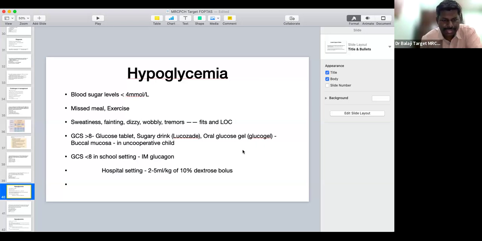If the GCS is less than 8, then the child will not be in a position to take it orally. So then you have to give IV. Ideal will be IV, but for that the child should be in the hospital. So then, as you said, 2 ml per kg of 10% dextrose can be given. If you are not in the hospital setting, in the school setting, and the child is drowsy, unable to take the oral glucose gel, then you can go for IM glucagon.